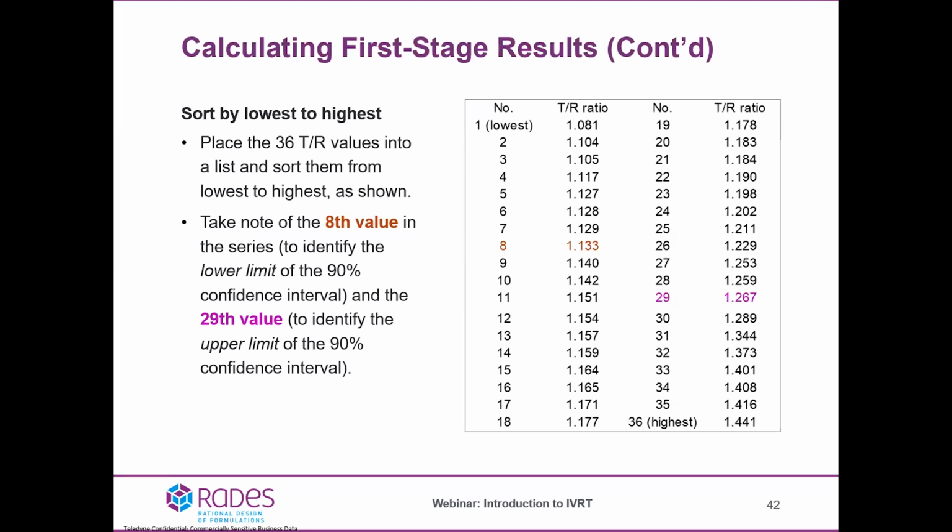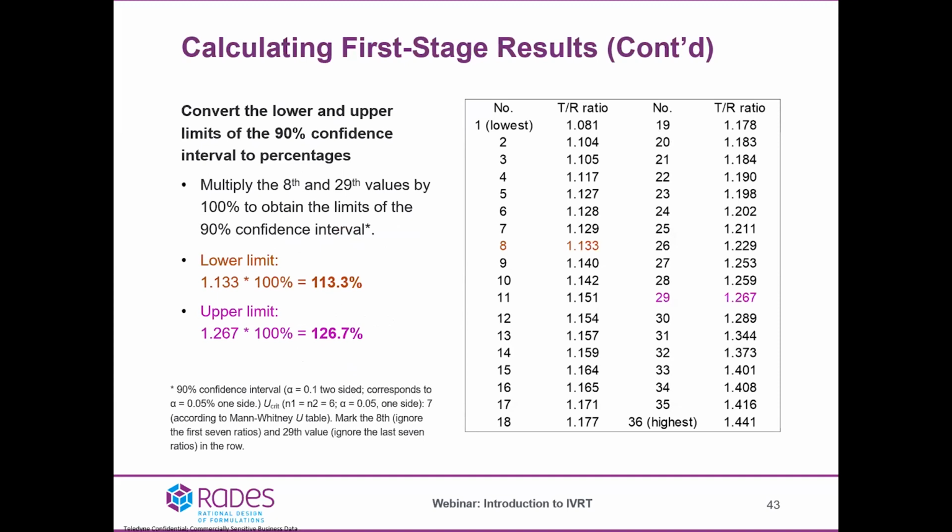The 36 results will be sorted from the lowest to the highest calculated ratio. According to the Mann-Whitney U-test with a 6x6 matrix, the 8th value in this order is defined as the lower limit, and the 29th value is defined as the upper limit of the 90% confidence interval.